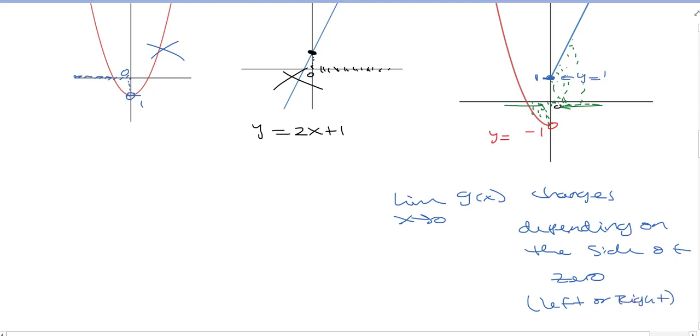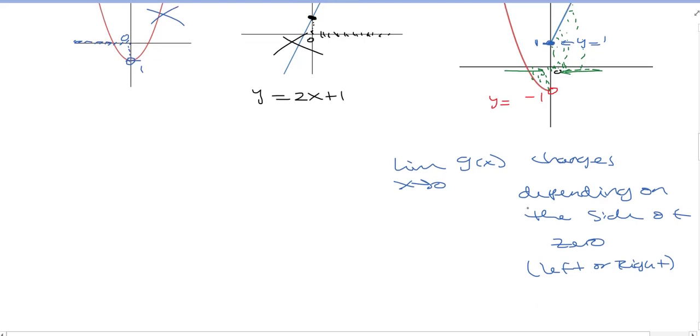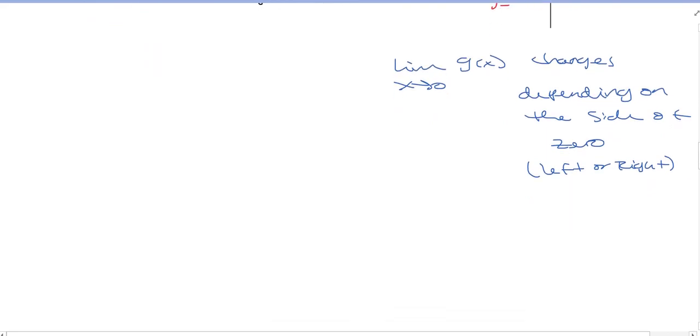Because if your x value is on the left of 0, then your y value is approaching -1. And if your x value is to the right of 0, then you're approaching 1. So because the y values are changing, we say that this limit does not exist. Therefore, the limit as x goes to 0 of g of x does not exist.